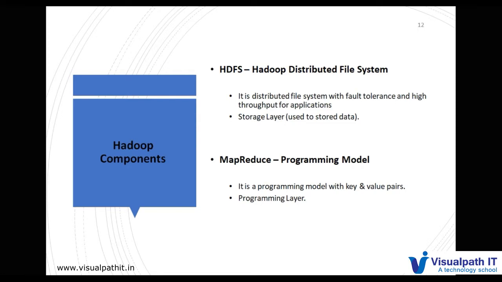So I can say it is the storage layer, and it is used for storing the data. And the other one is MapReduce, a programming model with key and value pairs. So I can say it is the programming layer. Let me move to the next slide.